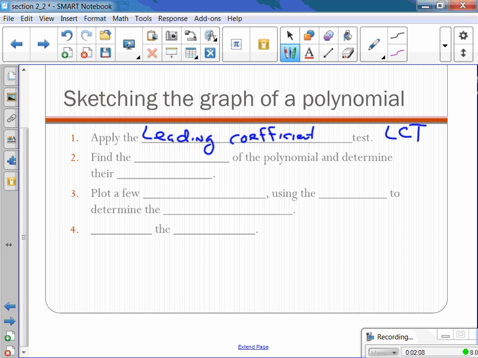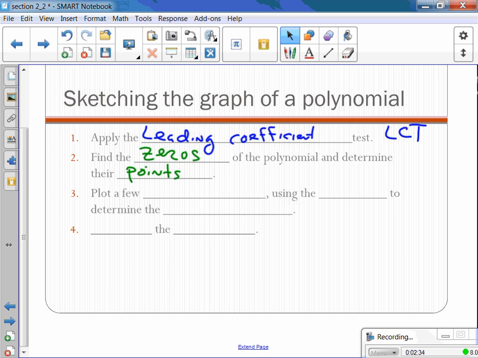After that, we can go ahead and find those zeros. The zeros will help determine the points. Remember, the zeros are the same thing as my what on the graph? It's intercepts. So boom, I have 2 points on my graph, 3 points, however many we're dealing with.